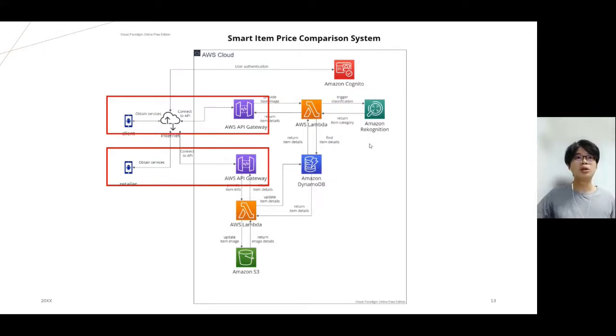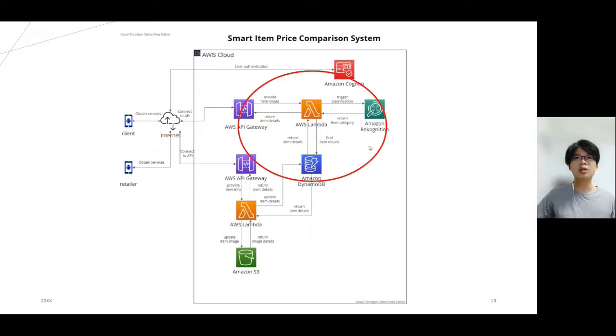For the client side, if they would like to access the system, they first need to upload a base64 encoded image to our API gateway, and then the API gateway will forward the image to our Lambda function to perform the decoding. After that, the decoded image will be passed to our Amazon Rekognition service to perform object detection.